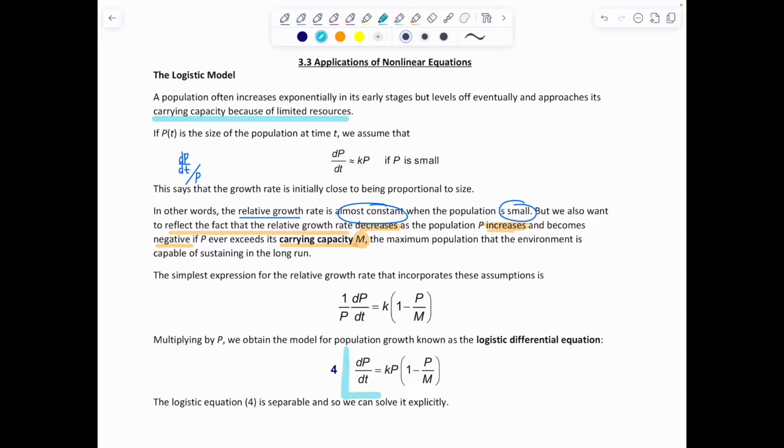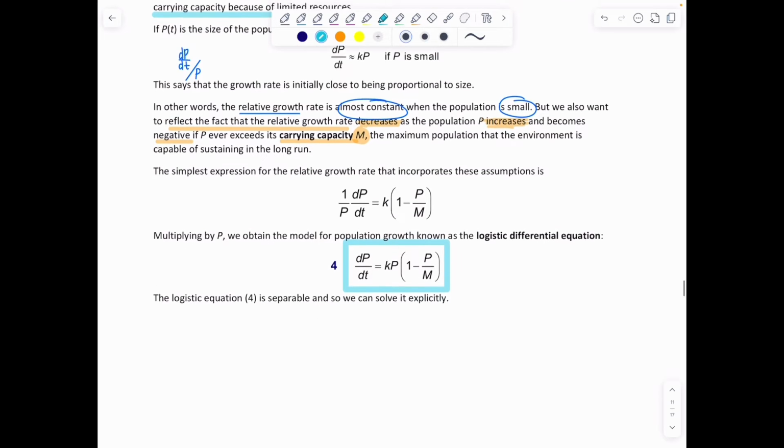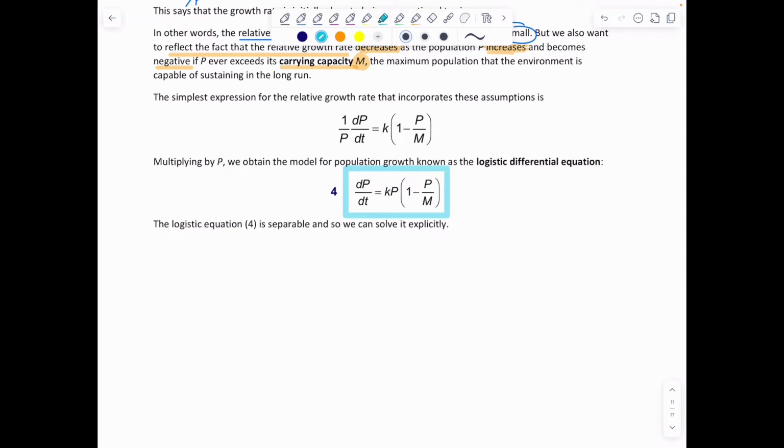Oh yes, we are, because we know how to solve a good variety of differential equations up to this point. Notice this differential equation is separable, so we can solve it explicitly. I'm going to move dt over to the other side.